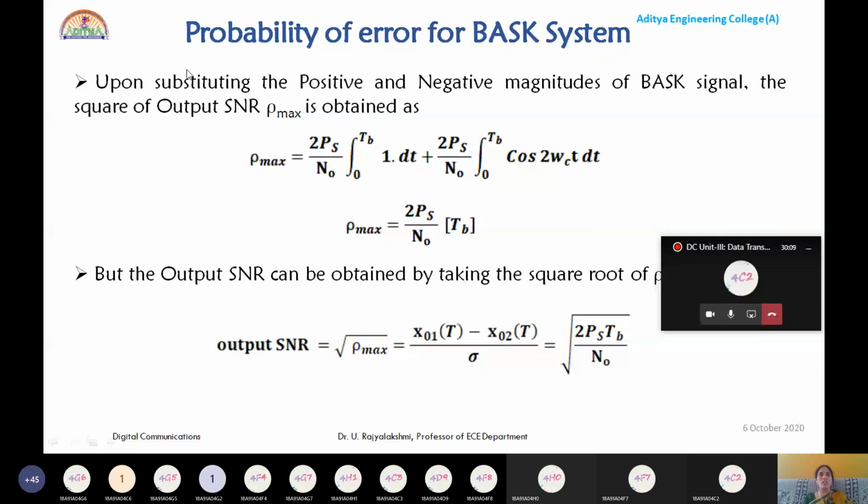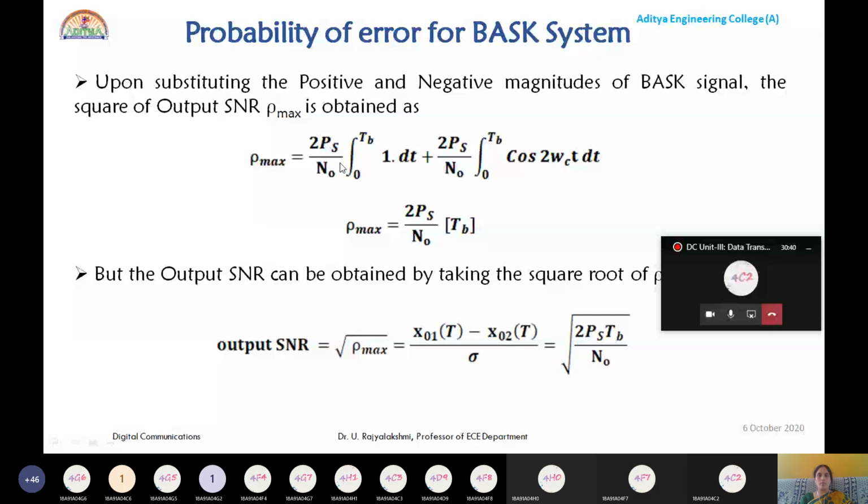Upon substituting the positive and negative magnitudes of the binary ASK signal, the square of output SNR rho max is obtained as 2Ps by N naught. I split 1 plus cos 2 omega ct into two integration terms: 2Ps by N naught integral 0 to Tb 1 dt, plus 2Ps by N naught integral 0 to Tb cos 2 omega ct dt.